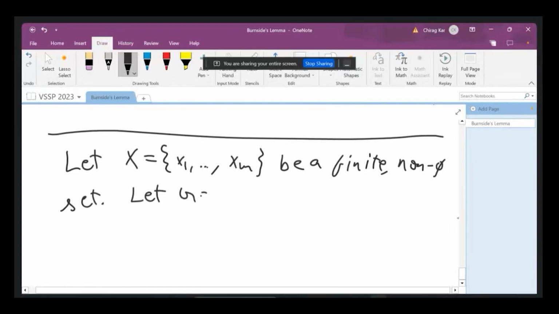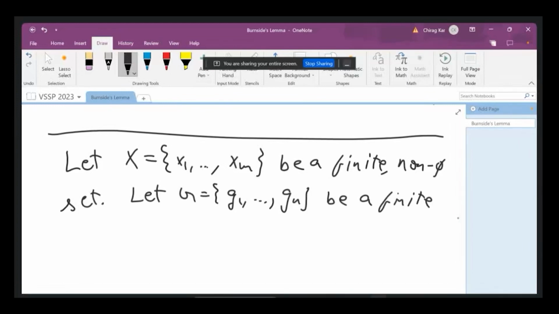Let G equal g1 up to gn be a finite group. I'm not writing out gn in full, just for brevity. Let G be a finite group acting on X.